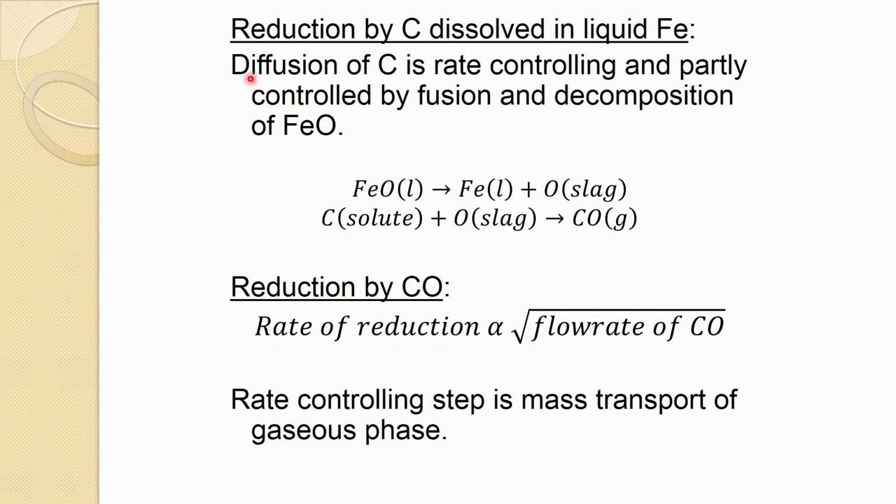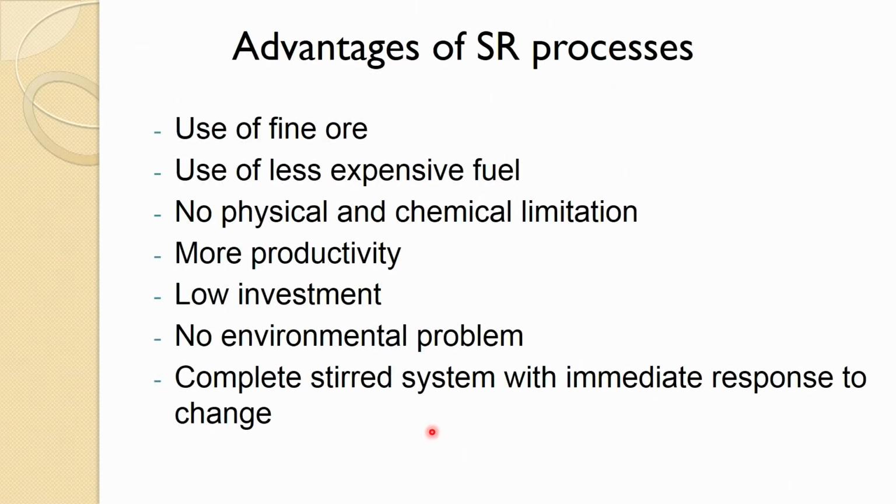So, this is sort of diffusion rate controlling when reduction is by solid carbon in liquid iron state. And for reduction by CO, the rate of reduction is proportional to the flow rate of CO, the rate at which CO is generating. So, the rate controlling step in this one is the mass transport of the gaseous phase, that is CO.